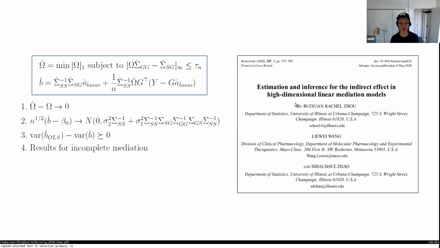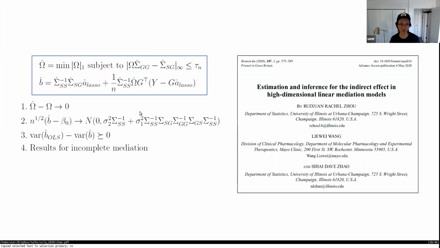So that work ended up in this paper, and we were able to show a couple things. First, this omega hat will be close to some population level omega as the sample size increases. The second thing we were able to show is that our estimator is asymptotically normal, centered around the true total effect.